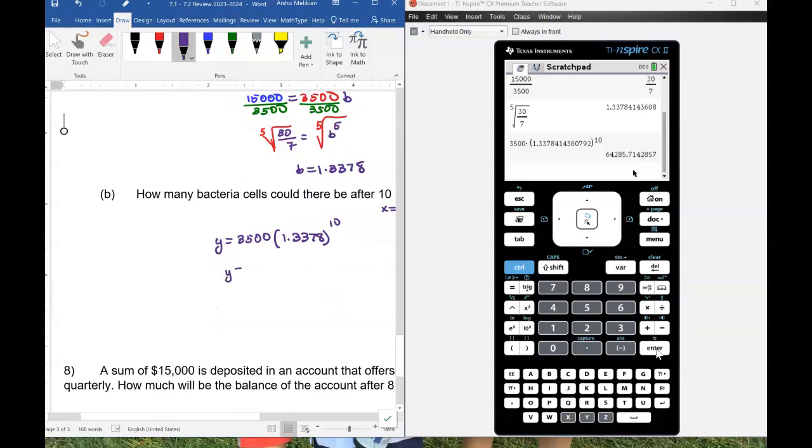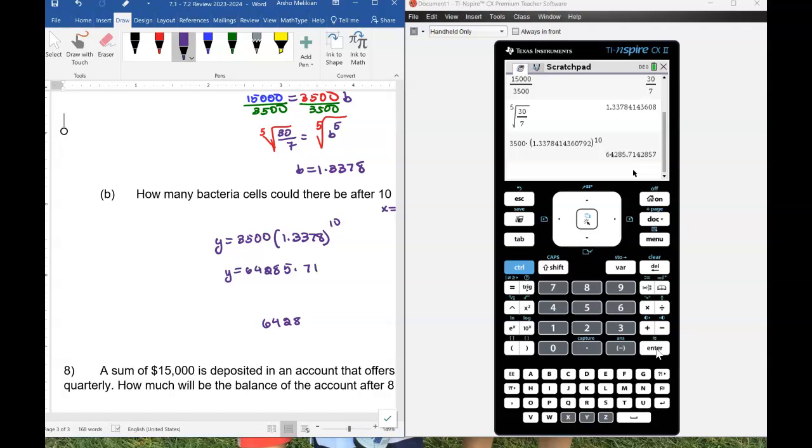So y is 64285.71. But we're talking about bacteria cells. So this is 64,286. How do we round this?